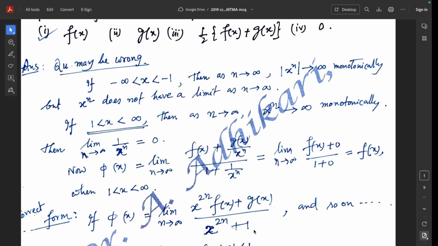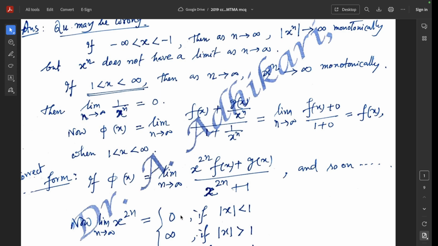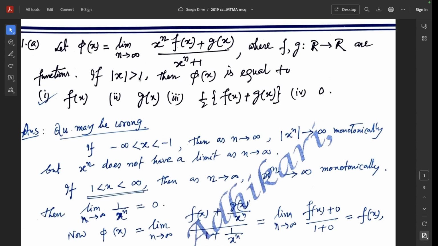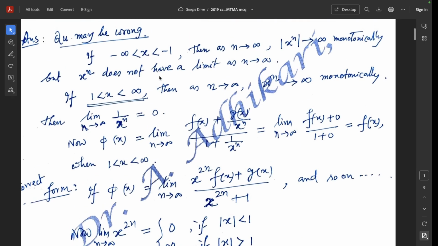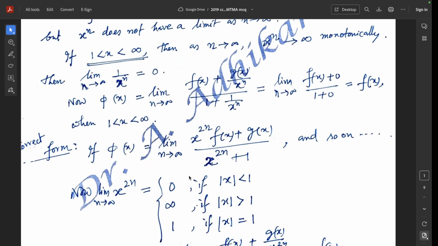Then obviously x to the power 2n tends to infinity if mod of x greater than 1, that is, in both ranges, 1 less than x less than infinity and minus infinity less than x less than minus 1.